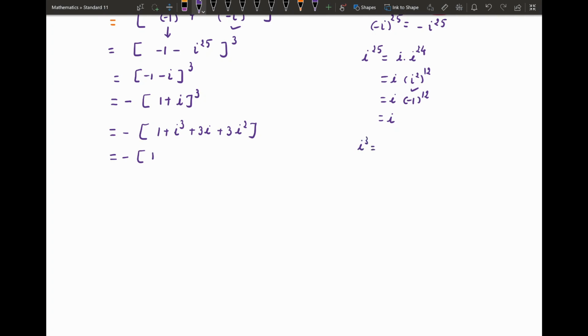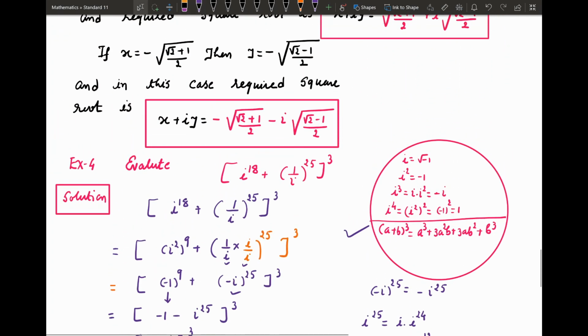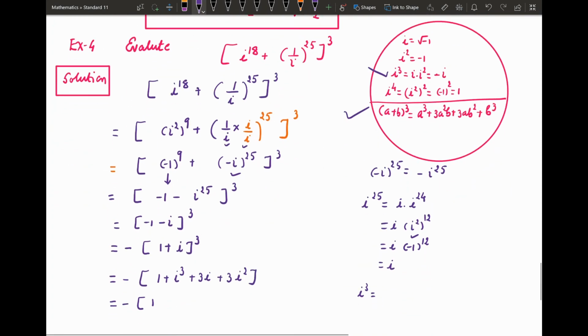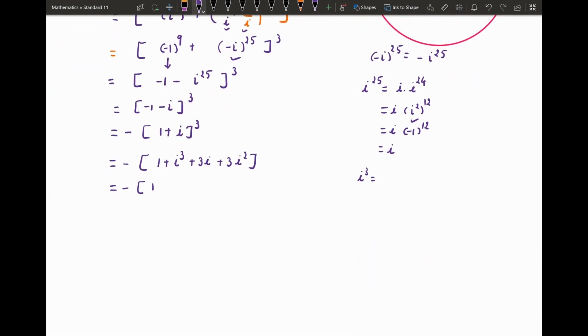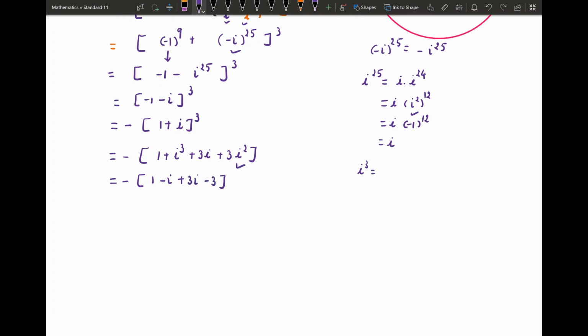We know i cube is minus i, so this is minus i, plus 3i, and i square is minus 1, so minus 3.